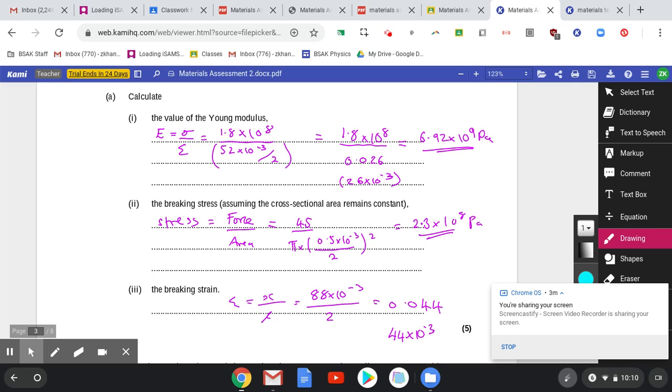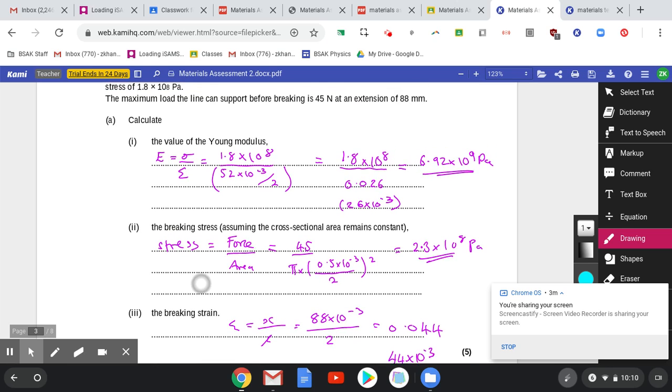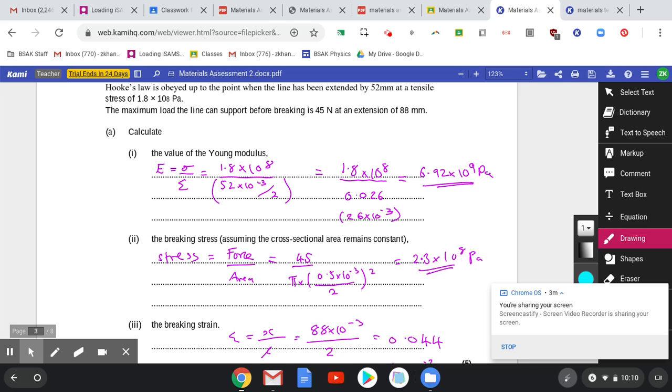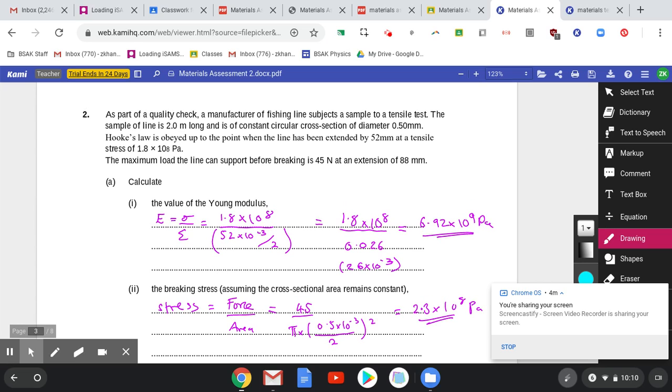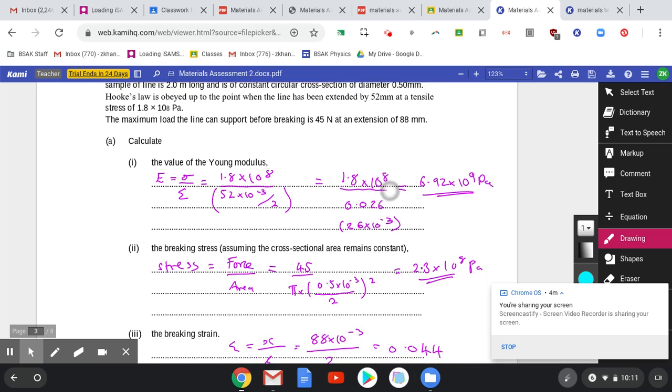Okay, the following question, it's breaking stress that we need to calculate. Okay, so we need to know the force that is required, and what's the cross-sectional area. So we've been told that the force required to break the material is 45. The cross-sectional area, it says that this sample has a constant circular cross-sectional area, but they give you the diameter.